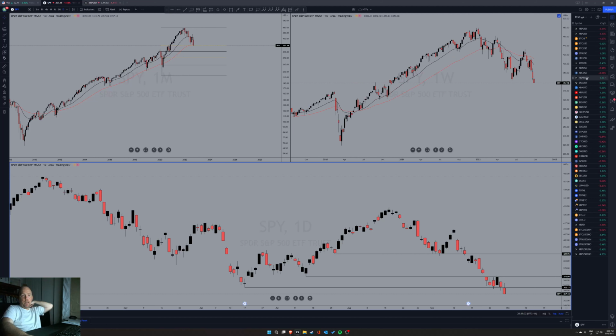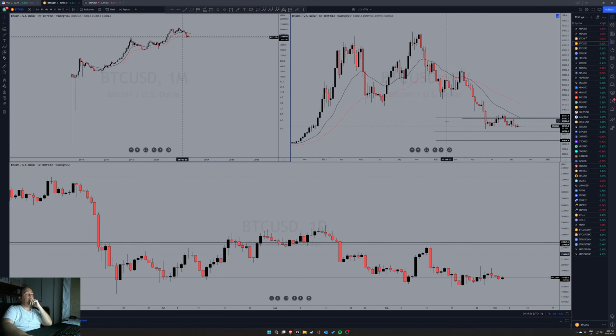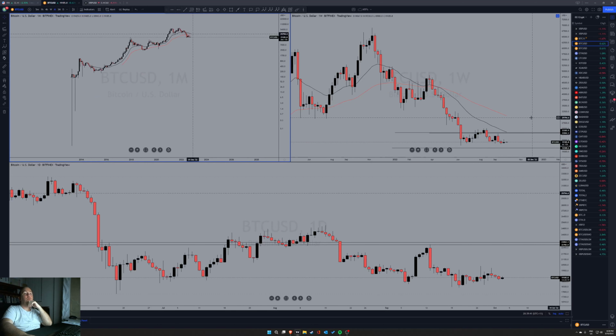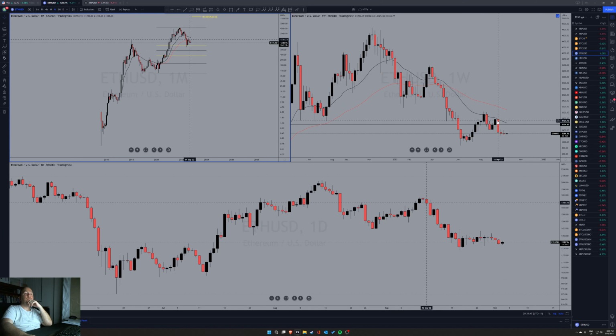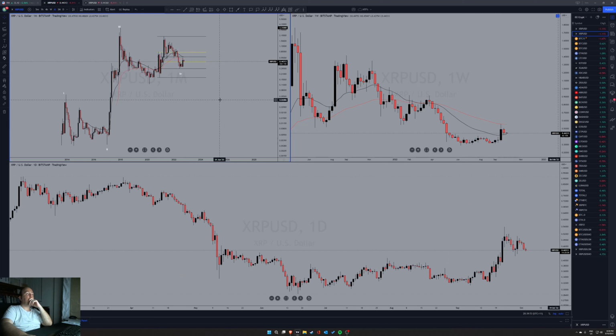Look at crypto, Bitcoin. Bitcoin's not doing much, moving sideways. Failed to make a high here. Ethereum made a lower high. XRP made a higher high. Let's wait and see what happens.